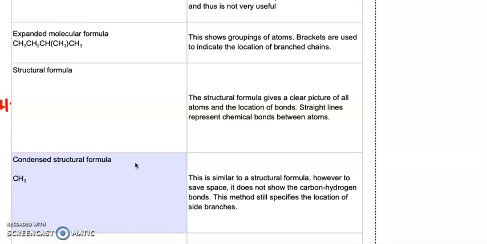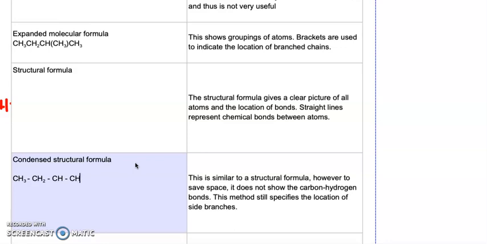Instead of drawing those H's separate, we just draw them all together. We're still going to show our bond, right? So there's our bond. Then we had our CH2. There's our next bond. Then we had a CH. And then in that main chain, we had one more CH3.